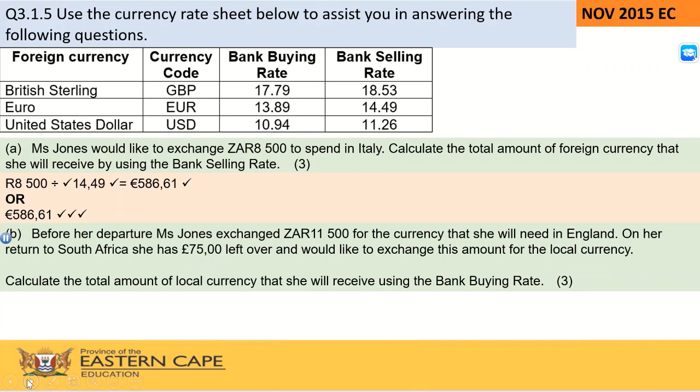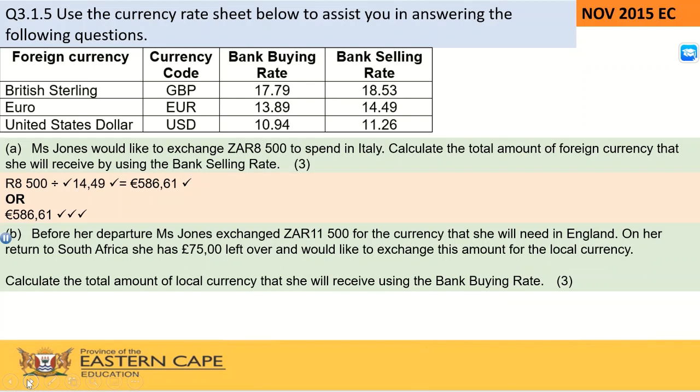Now let's go back to our steps. The first step was to identify the currencies, and in this case we have the South African rand, which is 11,500 rand, and the currency used in England.